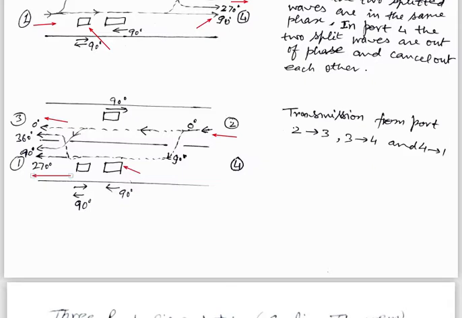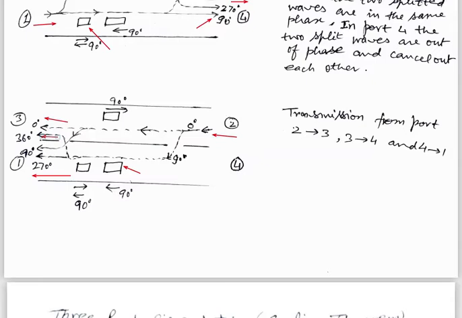Also, when this wave is split at the second 3 dB coupler, an additional 90-degree phase difference will be produced. So it will have a 360-degree phase difference. While the wave from the upper waveguide, when split at the 3 dB coupler, will also have a phase difference of 90 degrees.